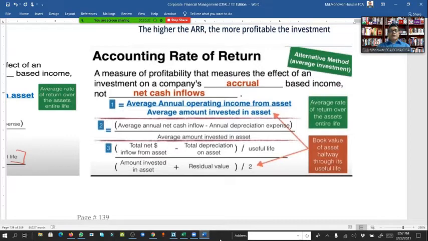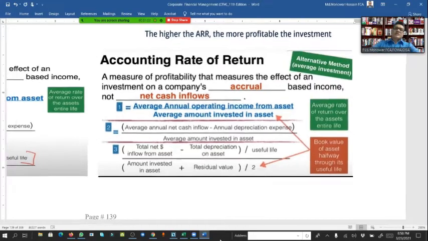Number 2, average annual net cash inflow minus annual depreciation expense divided by average amount invested in asset, if we do not get the data of profit. And number 3, total net inflow of the asset minus total depreciation of asset divided by 2, divided by useful life, and also divided by the amount of the investment in asset plus residual value divided by 2. So this also can be calculated.